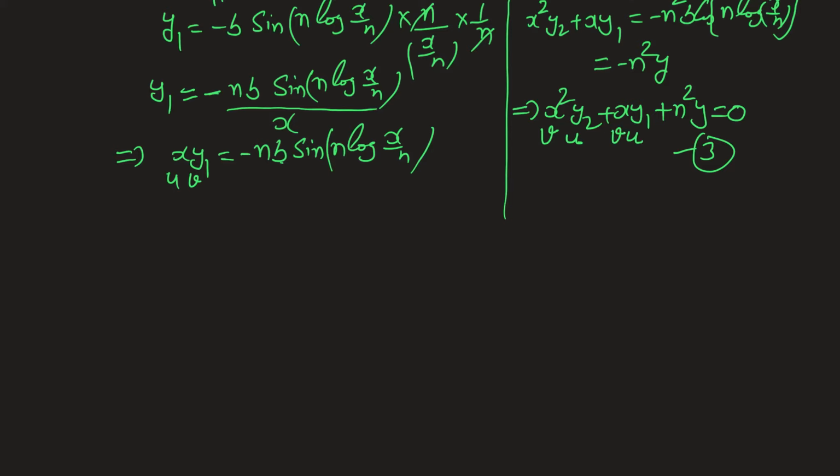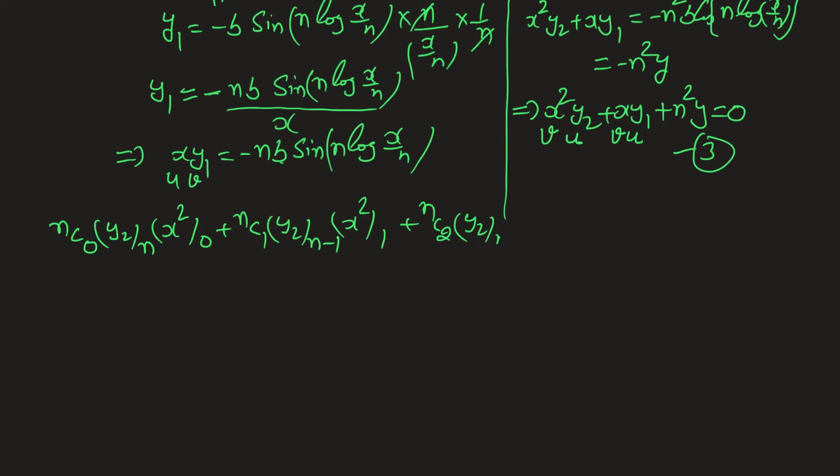So this will be nC0 (nth order derivative of y2) x square plus nC1 (y2 (n minus 1)th order derivative) (first order of x square) plus nC2 y2 (n minus 2) (second order of x square), and after 2 it is not possible, because after 2, x square will become 0.